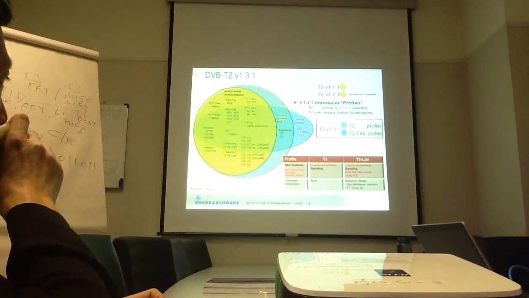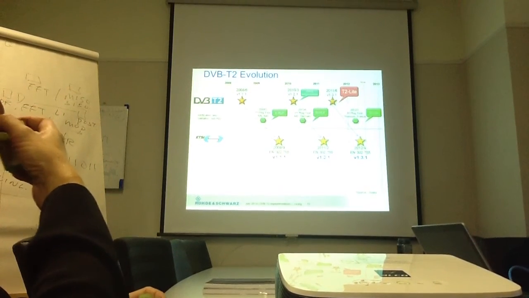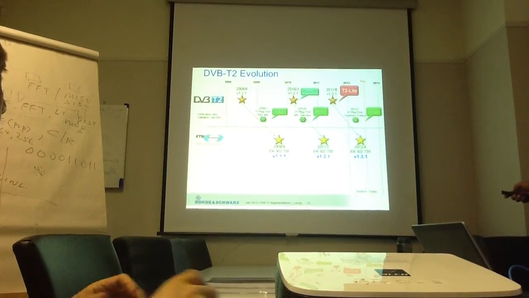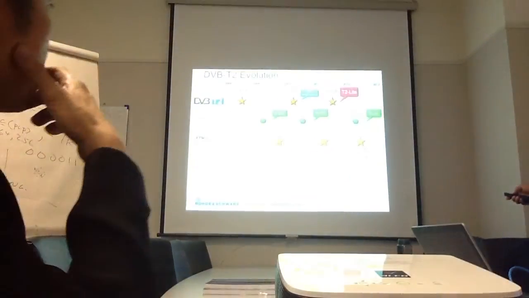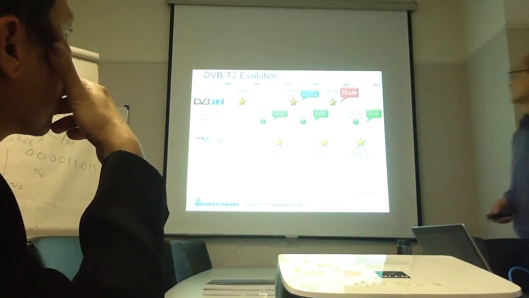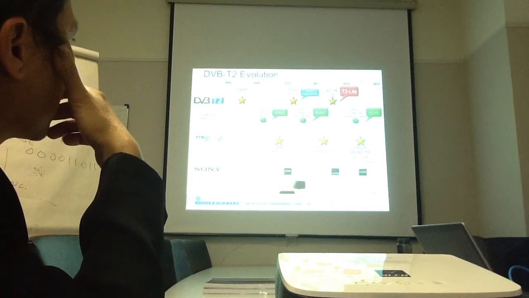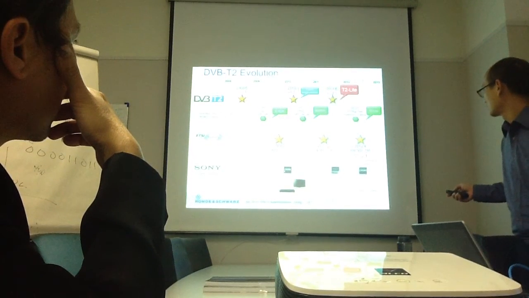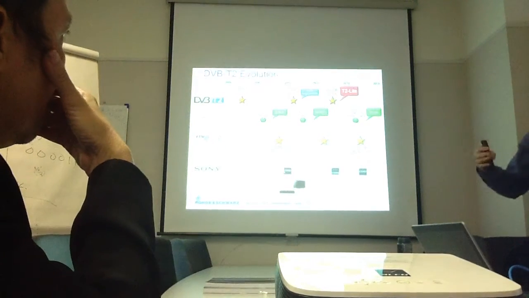So if we look at the standard, this is 1.1, then it became the European standard, 1.2, and 1.3. And if you look at the chipsets, you have 3 chipsets. So this is 2834, this is 2837 or something, a new generation.